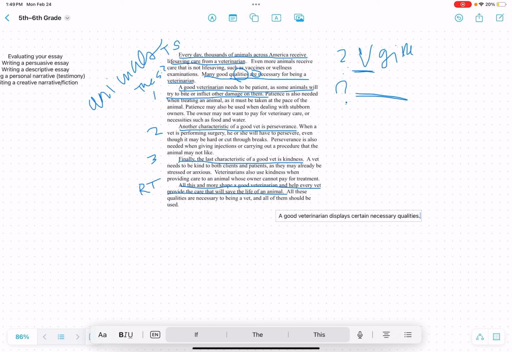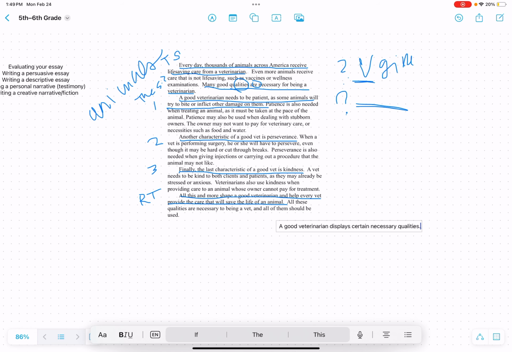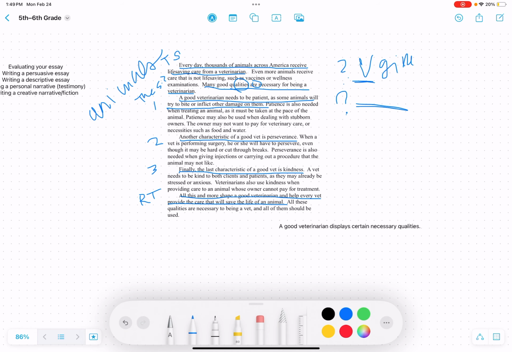So I'm going to say here, we're still on question 2 where we're examining our most important sentences, okay? So if you're on your paper, that's what we're doing. All right, a good veterinarian needs to be patient, as some animals will try to bite or inflict other damage. Now this part right here, as some animals, we're going to save that for the paragraph. We're just going to say a good veterinarian requires patience or needs patience.